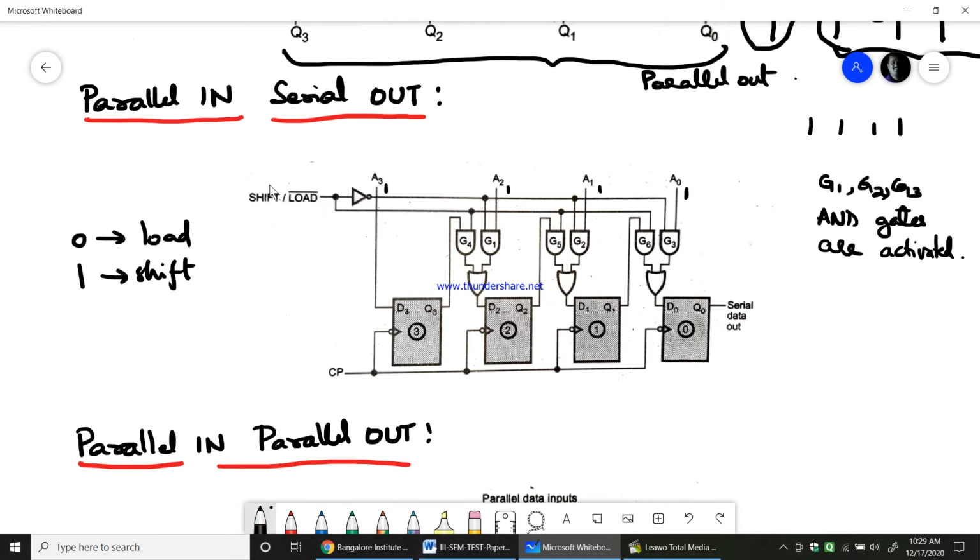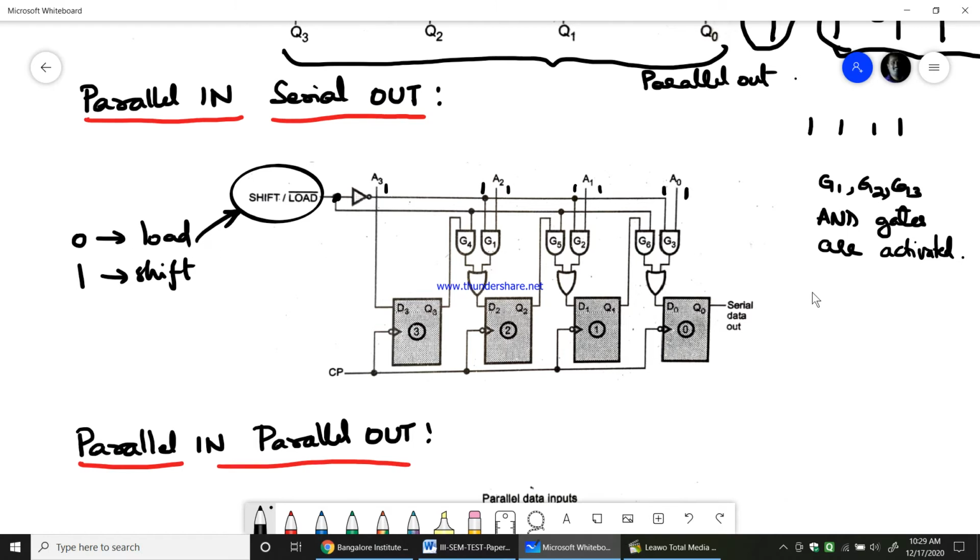For this particular input, this is the condition: 0 means load, 1 means shift. Because when 0 is there, this NOT gate output will be 1, and that 1 will be given to these AND gates, whereas 0 directly is given to G4, G5, G6.